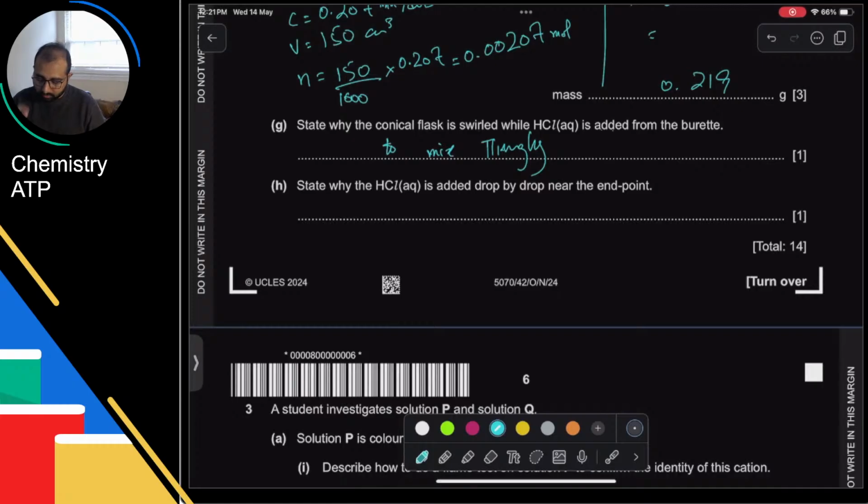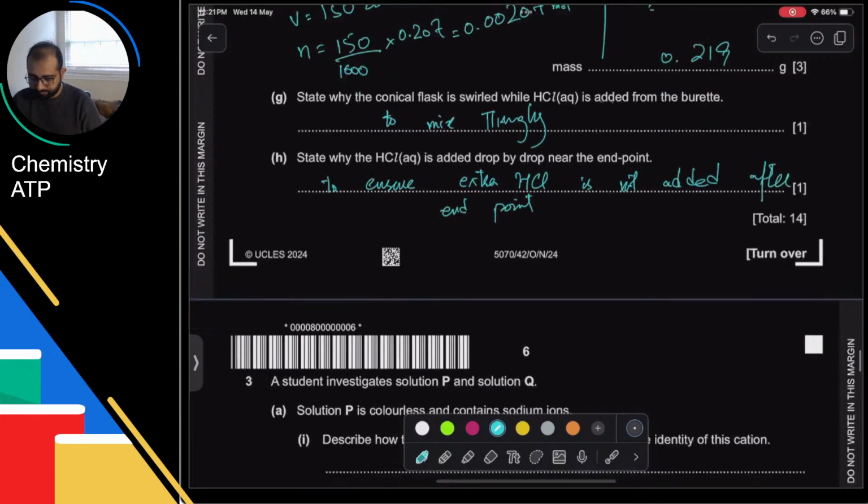State why the HCl is added drop by drop, so that we don't add extra acid when we are at the endpoint. Okay, so to ensure extra HCl is not added after endpoint. Okay, and we are good.